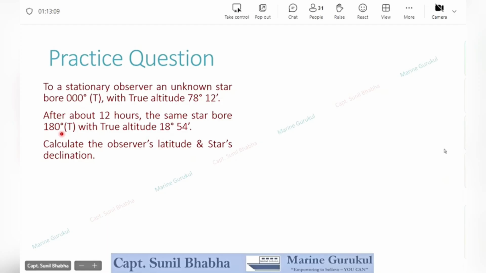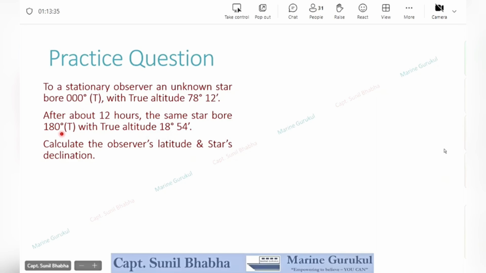Now, all circumpolar questions can be solved using a single approach. If you have that approach clear in your mind, you will be able to attempt any question based on circumpolar bodies. Not only circumpolar bodies, later on we will also see questions based on the rational horizon diagram, and the same approach is applicable to those questions also.